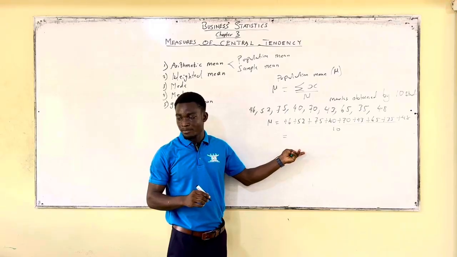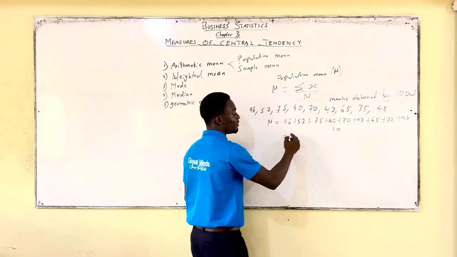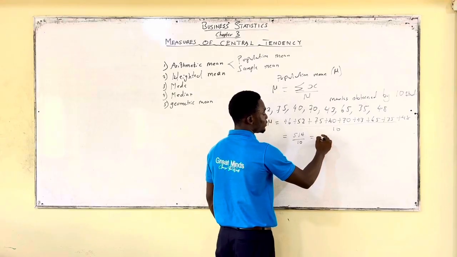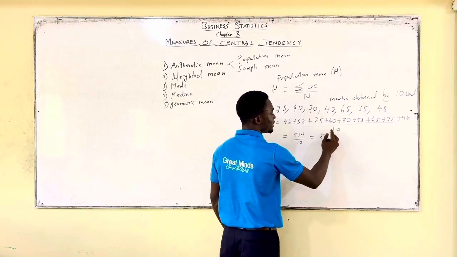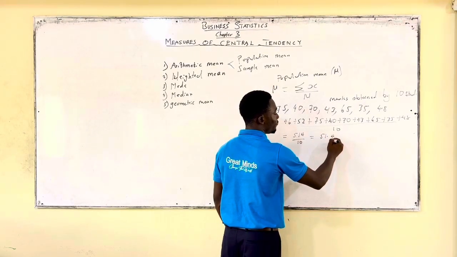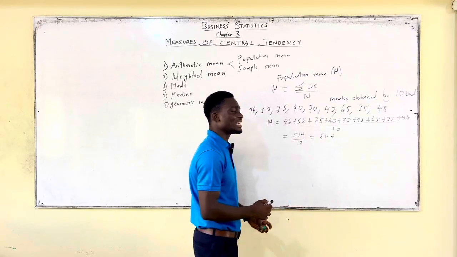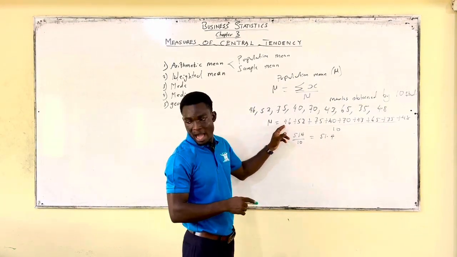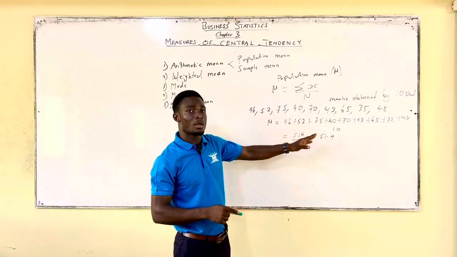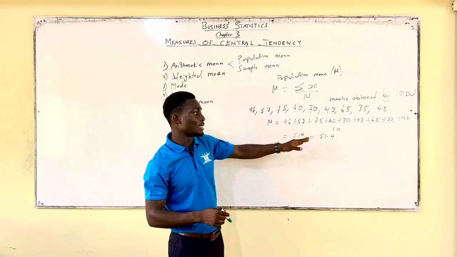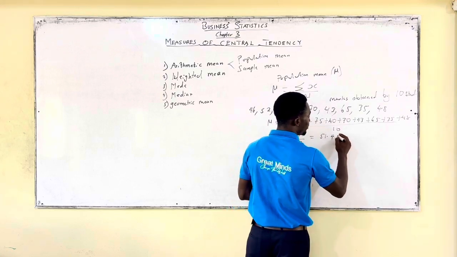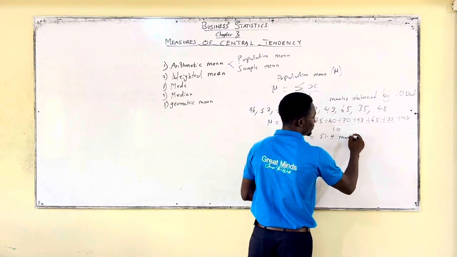Are we together? This is going to give us 514 divided by 10, that is 51.4. So that means the average mark of the students is 51.4 marks.